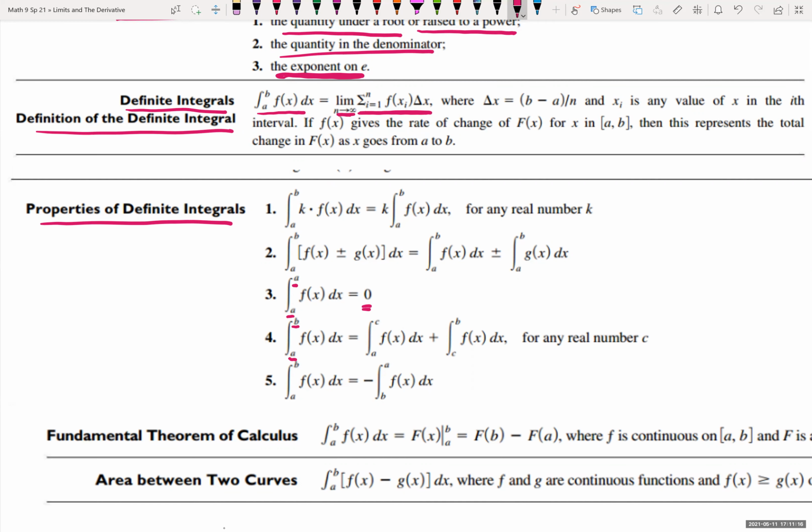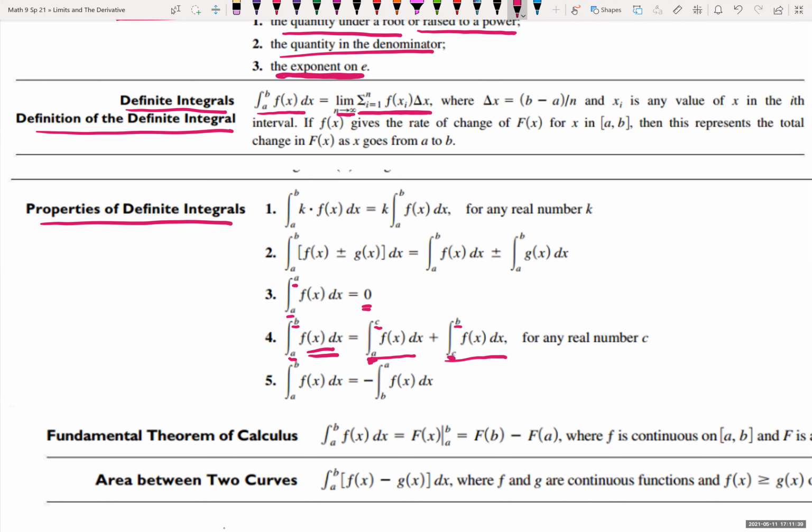And so we have the integral from a to b of f of x dx. Sometimes we want to break this up into multiple integrals, using different intervals that combine to make the whole interval from a to b. So from a to c, and then from c to b.